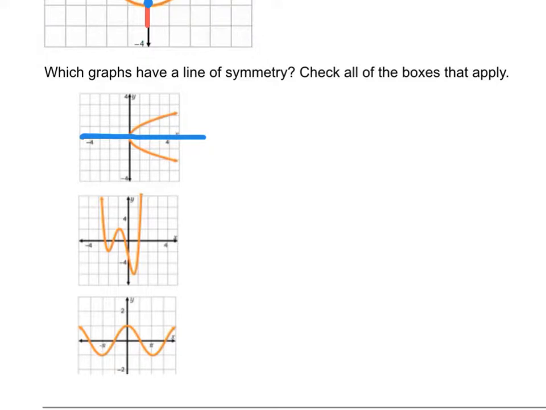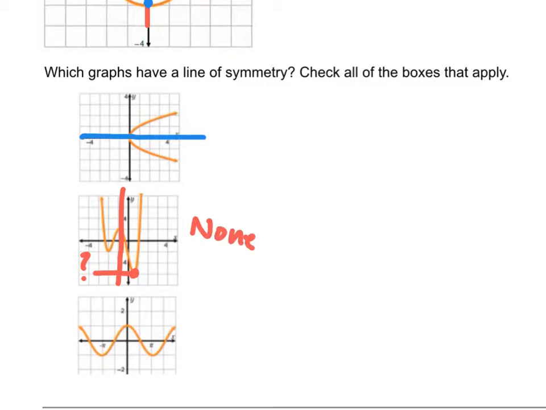On this one, it looks like we could put a line of symmetry right about here, because this point is a little bit higher than this point. But if I were to go equidistant this way, I don't get a point over here. So this has no line of symmetry.